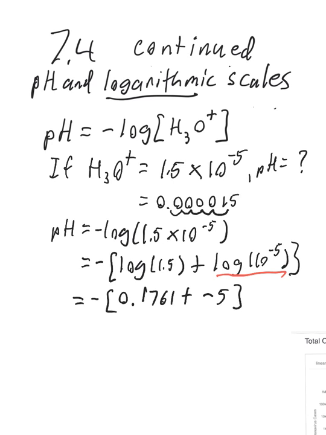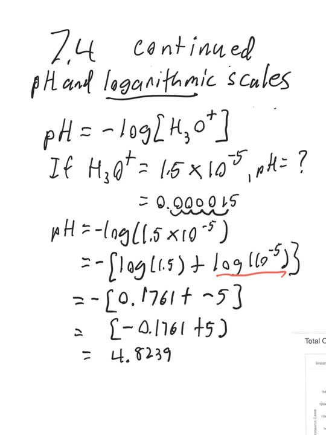So that makes the math easy. We just take minus 5 plus 0.1761, or actually, if you'd like, let's run the minus sign through, and we'll get negative 0.1761 plus 5. And so the whole thing will come out to be 4 point, let's see, 8239, something like that. You could say 4.82 will be the pH.